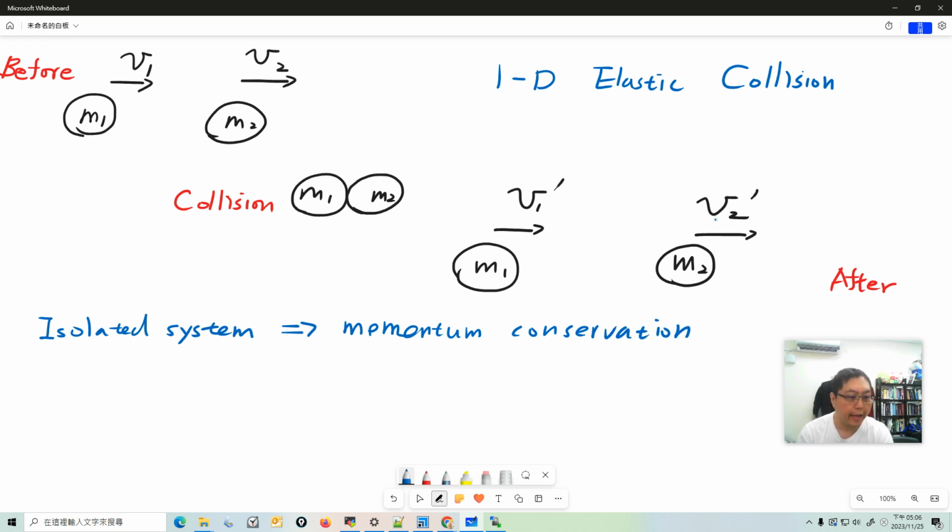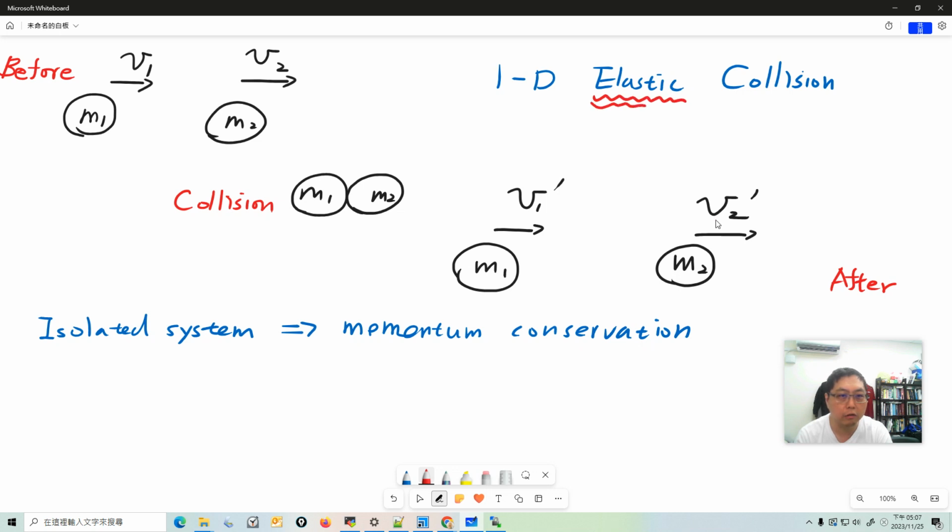And what else? For the elastic collision, the mechanical energy is isolated, no external force. Let's introduce this first: this is an elastic collision.